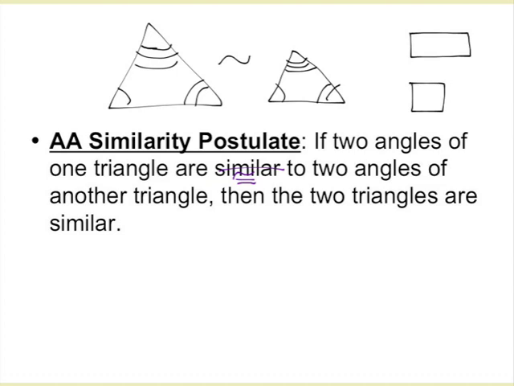Question? How does that postulate work though? Because it could be like a scaling. It could be a scaling, but the sides should still match up in that scaling. So there should still be a relationship that this side and this side would match because they're between angles 1 and 3, and that this side and this side would match, and that this side and this side would end up matching up in the ratio.